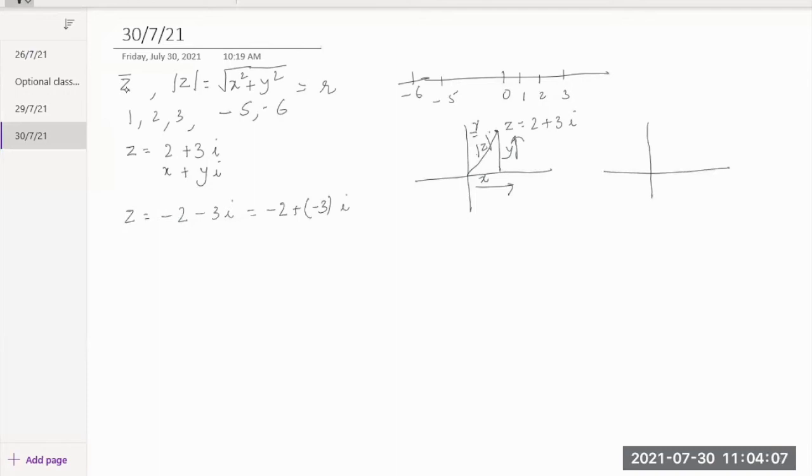X is -2, that means I come this side, -2 here, and -3, that means going down. So I reach over here. This is -2 -3i as my complex number, and this is going to be my r. This is my y and this is my x over here. Both of them are negative. So now which quadrant am I in? I am in the third quadrant now.